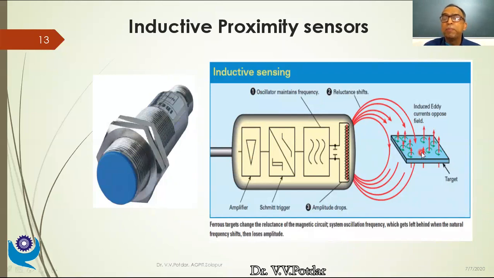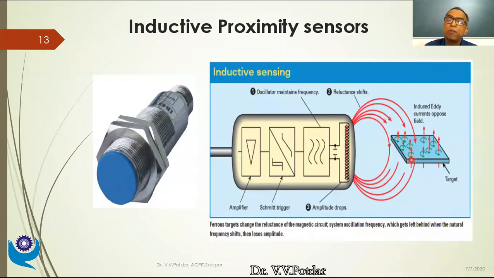Now when a metallic object comes in the vicinity of this magnetic field, because this is a conducting target, as per Faraday's law, when the magnetic field is affected by a conducting device, some stray currents are induced. Those currents are called eddy currents, and they are generated in this target metallic obstructive plate.